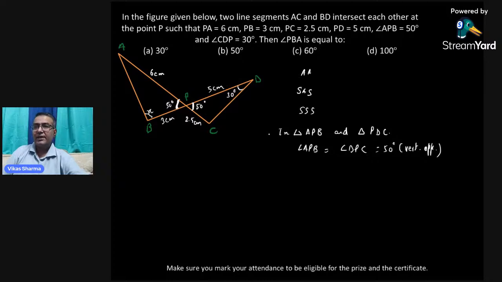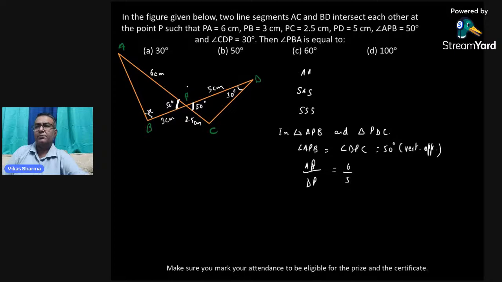But we can see that if I am taking AP upon DP, so the ratio of these 2 sides is equal to 6 upon 5.